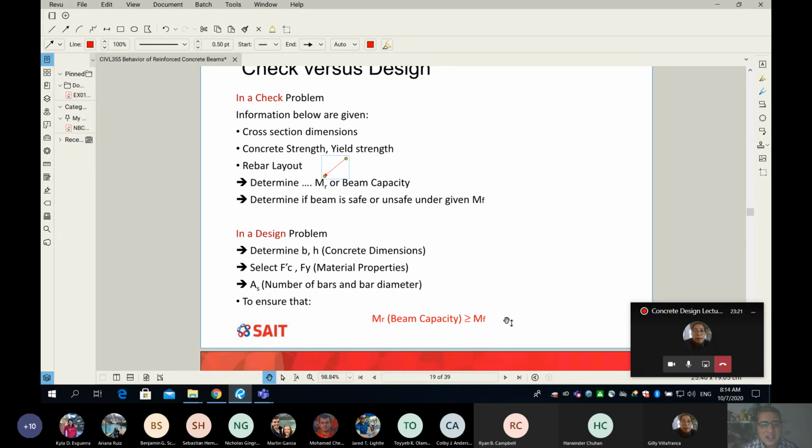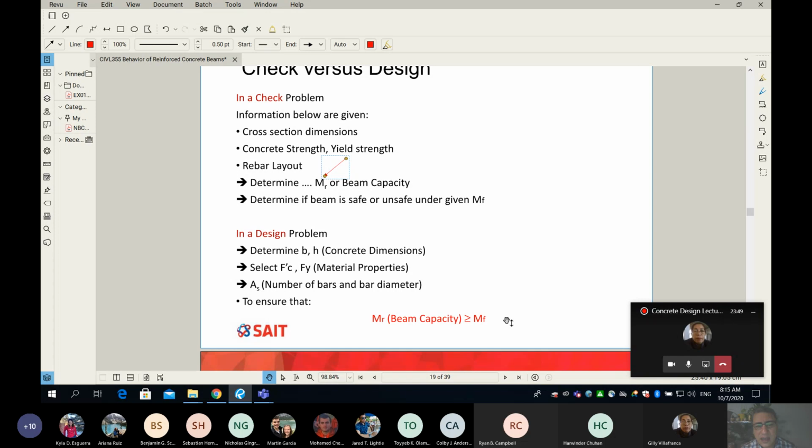Or sometimes there is an existing building with a drawing that contains all dimensions, rebar layout and material properties, and let's say the owner is going to change it or add a boiler, and you are called to say whether this beam is safe or unsafe.